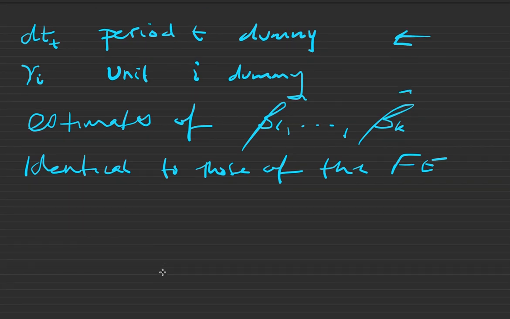So the least squares dummy variable estimator is algebraically equivalent to the fixed effects estimator.